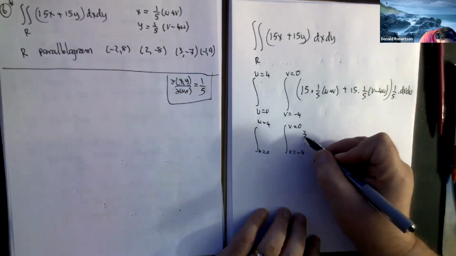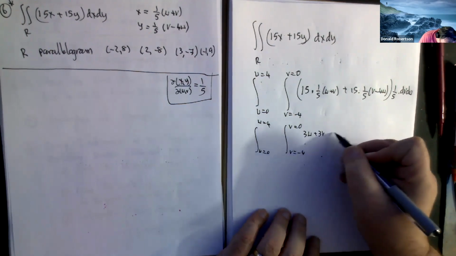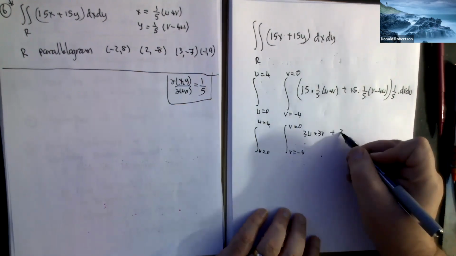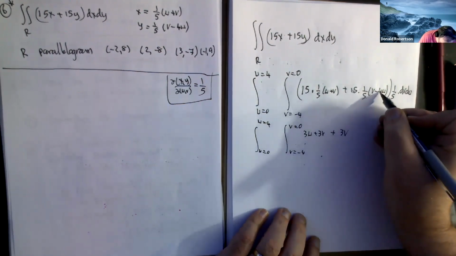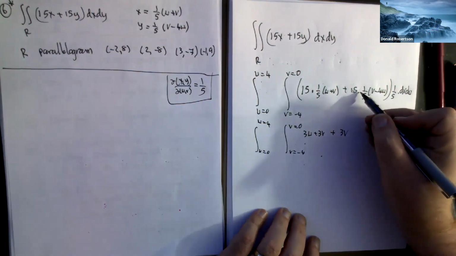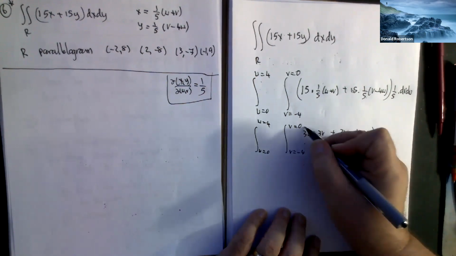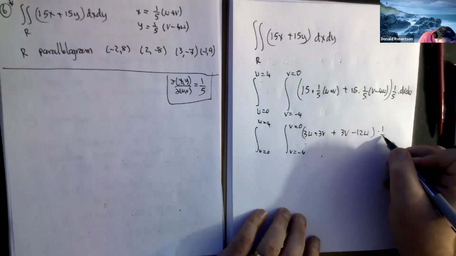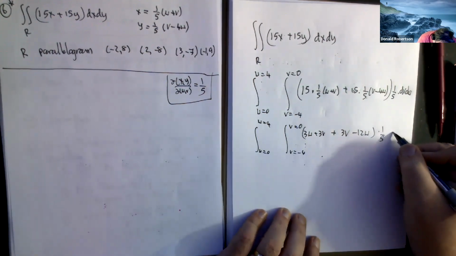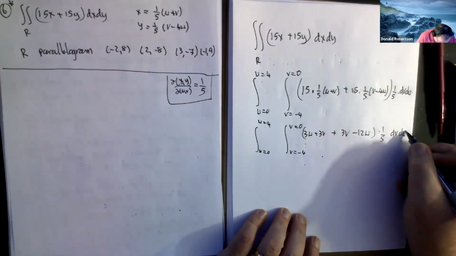That gets you 3u plus 3v. That gets you 3v. Does it? Yes, it does. Minus 12u. Still times a 5th. And a dv and a du.